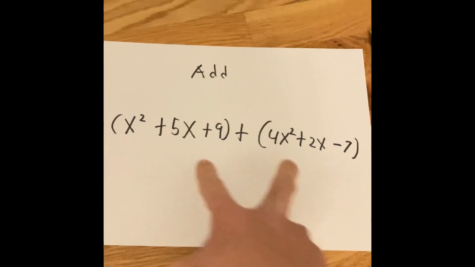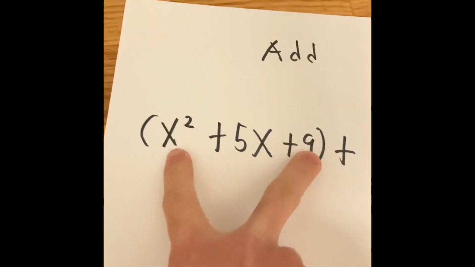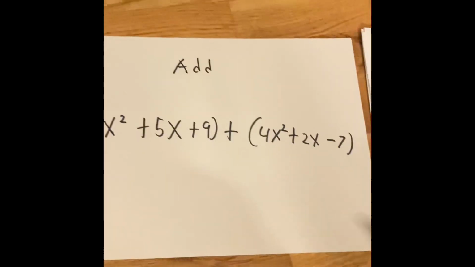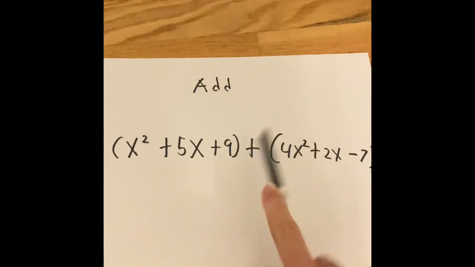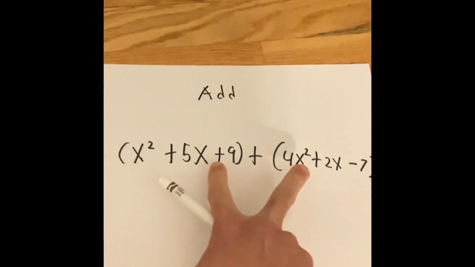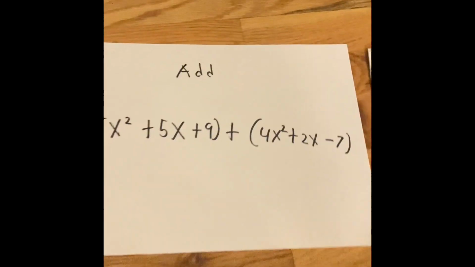When you have two expressions, they'll usually come in parentheses that surround the two, and there's a plus sign in the middle. So what we're going to do is add them. We don't need to have these parentheses here because nothing's being multiplied.